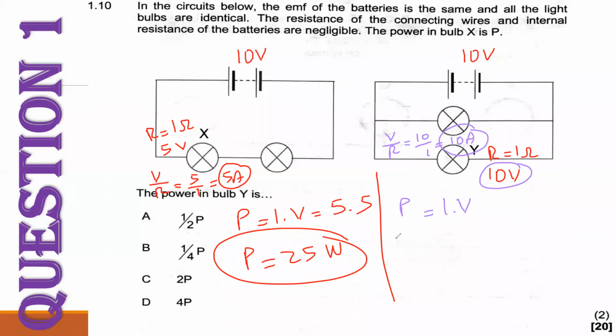PY equals, current 10, times voltage 10. I'm getting 100 watts. So how many times bigger? 4, because from 25 to 100, it is 4 times. You can also use this method to answer this kind of question.